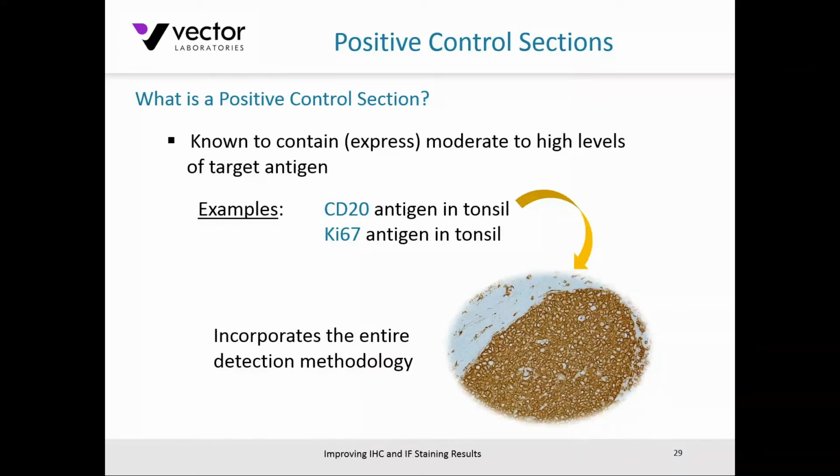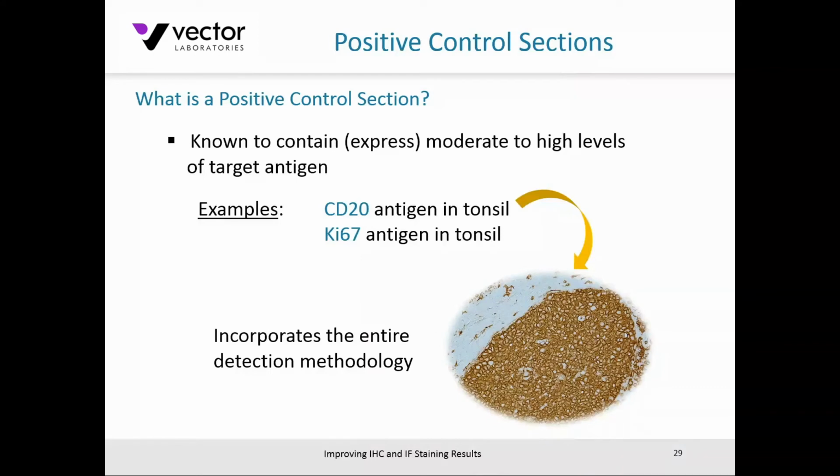As a positive control indicates here, it incorporates the entire detection methodology. I've also highlighted here Ki67, a mitotic indicator. You can also use that on tonsil as well. I'm really just showcasing here that you can use the same tissue for multiple different markers.